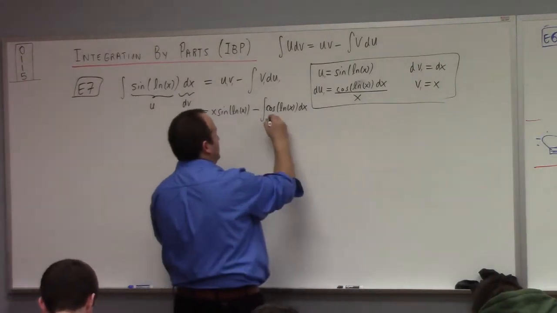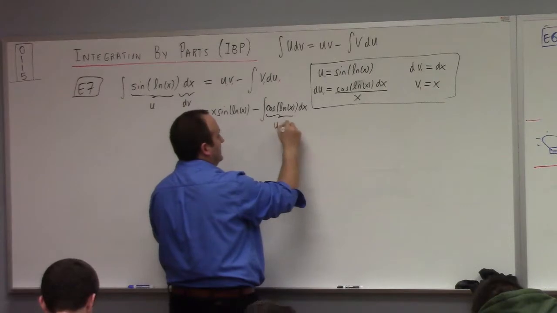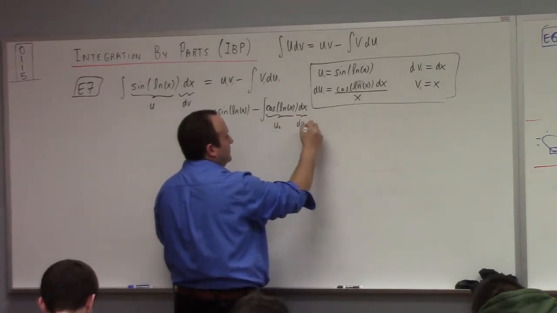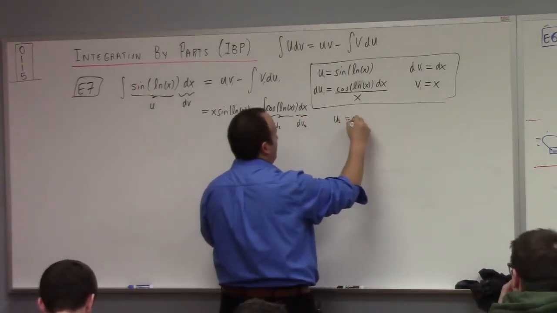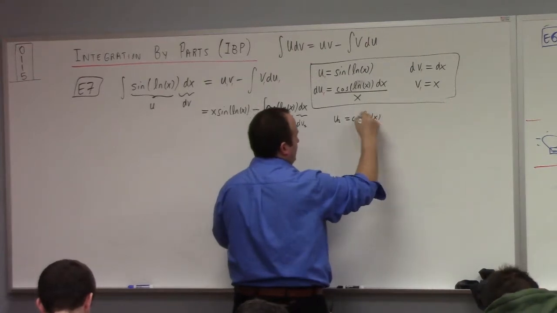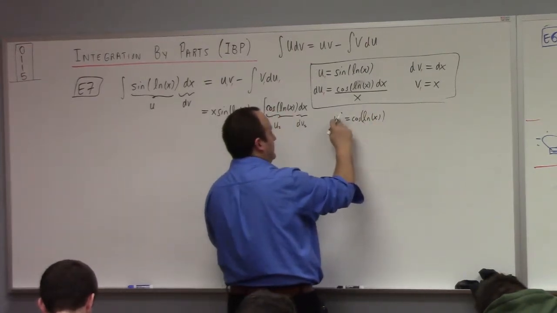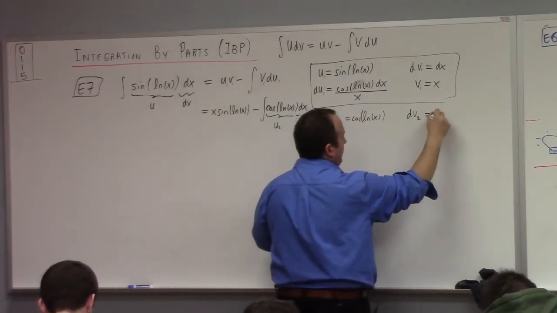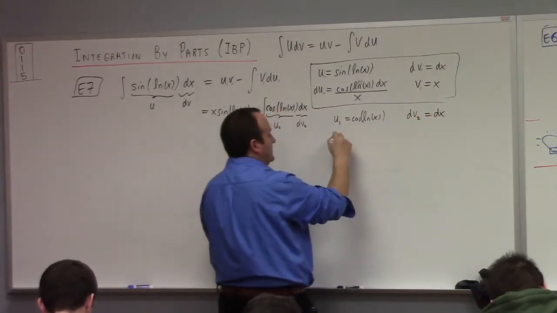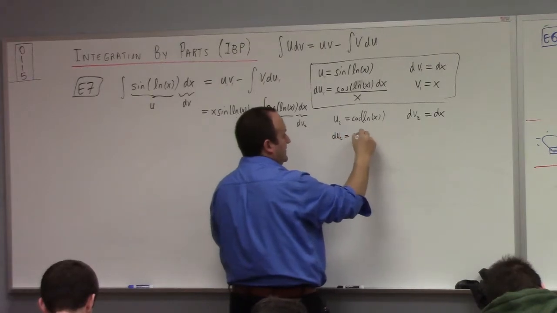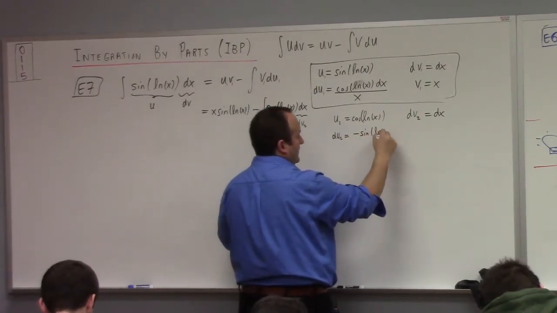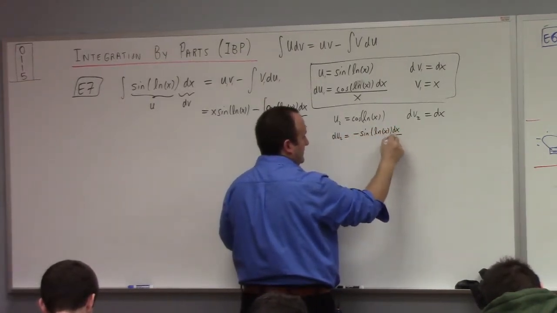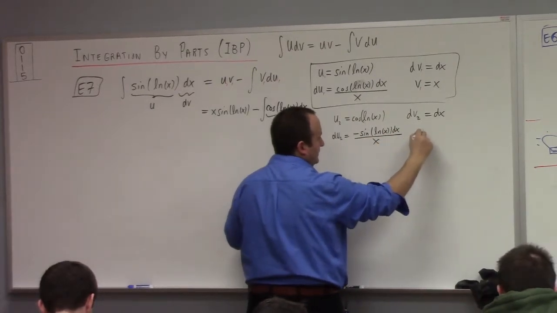And up next here, I'm going to say that this is u2, and that's dv2. So u2 would be cosine of the natural log of x, and dv2 would be dx. So du2 is minus the sine of the log of x dx over x. And v2 is x.